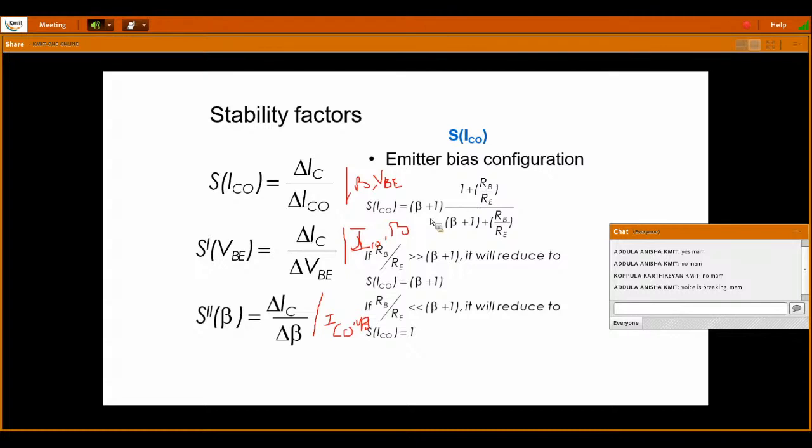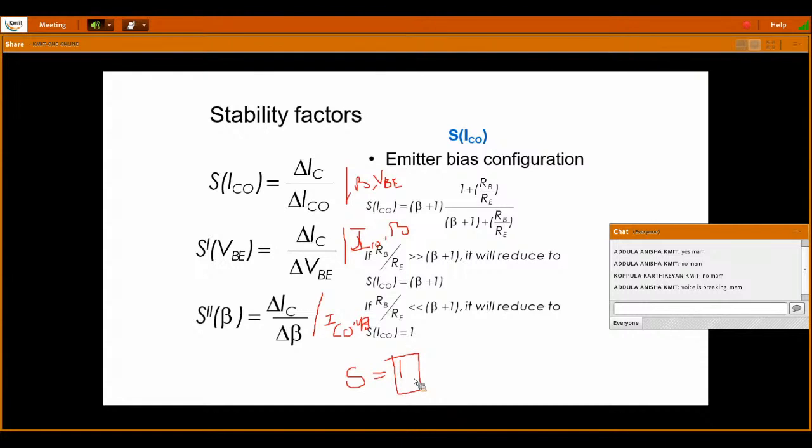Then it is equal to beta plus 1 into 1 divided by beta plus 1. So beta plus 1 cancels. Hence the stability factor due to the variation in the reverse saturation current is equal to 1. So in a voltage divider biasing network, the stability factor is equal to 1. This is the ideal value of stability factor.